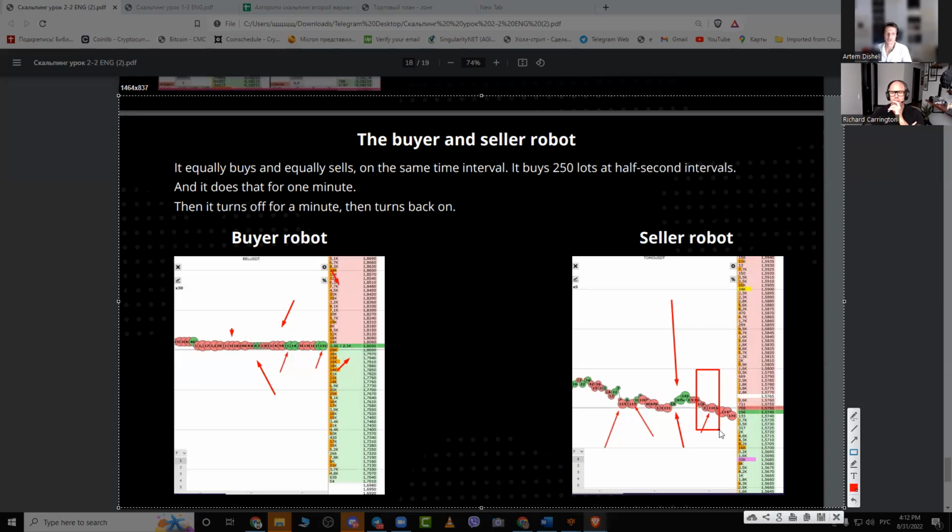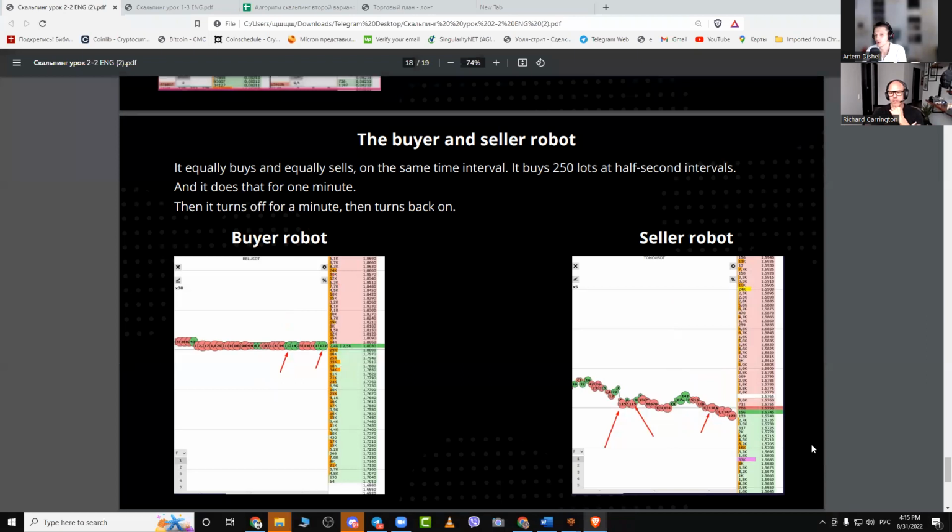If a bullish trend starts now, I'll show you how this robot works better, because of this inefficiency. The robot is inefficient, or the human is inefficient.